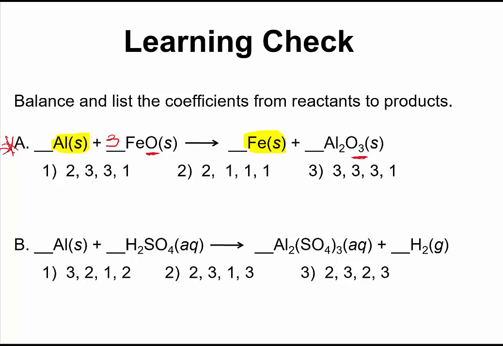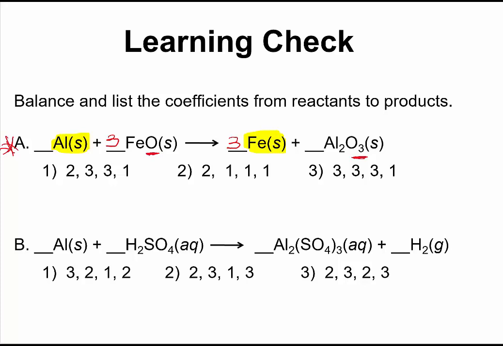Now, if oxygen is balanced, it is very easy for us to balance iron, because on the reactant side, we have 3 iron. If we place a 3 as the coefficient of iron, now iron is completely balanced.